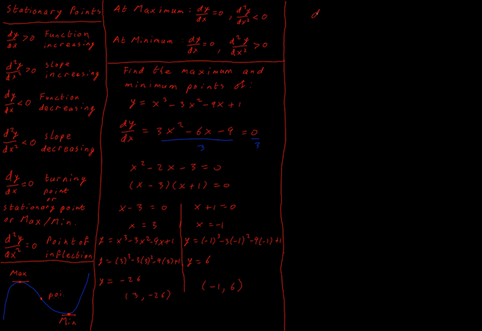So I need to find d2y dx squared. Sorry, I need to find d2y dx squared, so I'm going to write dy dx and then take the derivative again. 3x squared minus 6x minus 9 is my dy dx, so I need to get the second derivative.